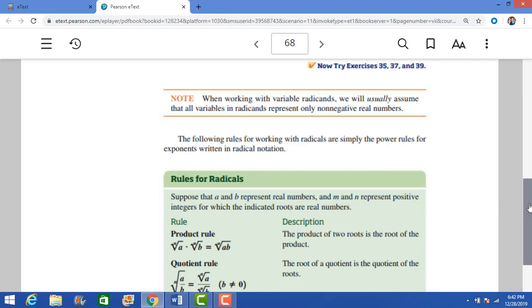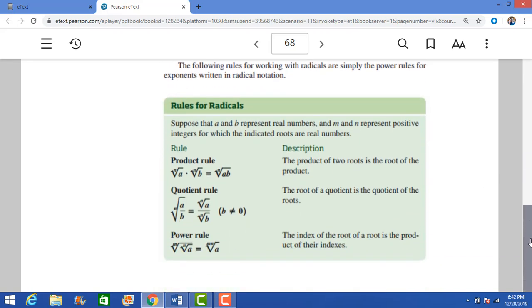So this is things that we've already seen, so this should not be a surprise. It should be intuitive from what we've already discussed. So make sure you know these. Make sure you memorize these. These are directly a result of what we've already studied under exponents, properties of exponents.